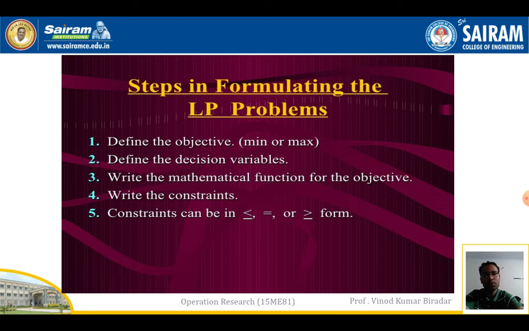Note down the objective given in the question in a systematic tabular column, and underline the objective points in the question. Second is to define the decision variable, which they give along with the objective. Next, write the mathematical function for the objective, by assuming x and y, and write the constants also. The fifth step is to maximize or minimize, the profit or losses given in the question. So these are the steps involved in formulating LP problems.